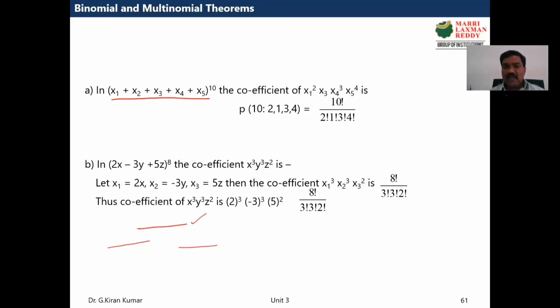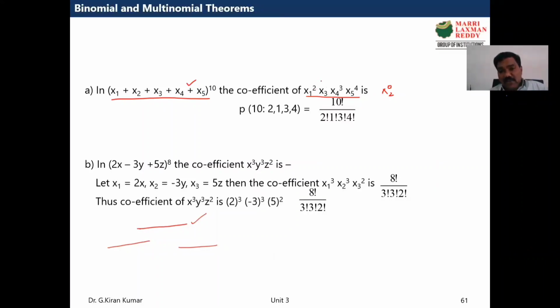Now tell me, first of all, whether this particular term will be present in this expansion or not. Will it be present? Yes, sir. Here, though the x2 term is not there, it means the power of x2 is 0. Since x2 power 0 is 1, it is neglected.